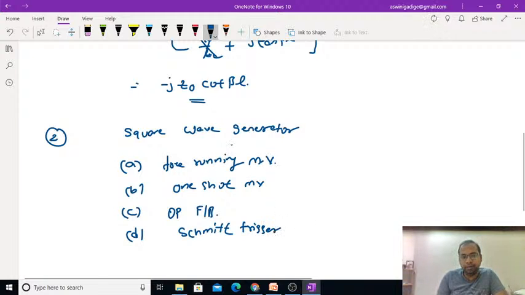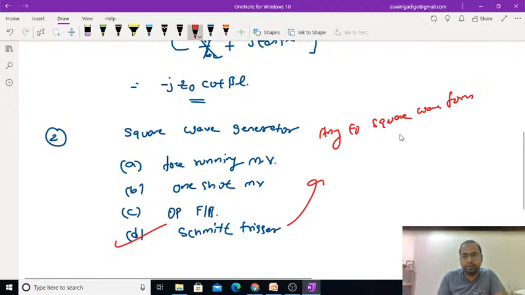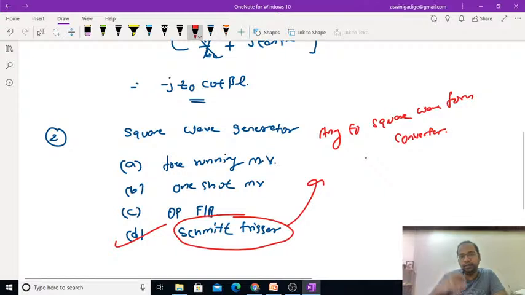So for this question the correct answer is the Schmitt trigger. Why? Because the Schmitt trigger can be called an any-to-square waveform converter. It converts any signal into square waveforms. Whatever input you give, the output fluctuates between plus Vsat and minus Vsat.